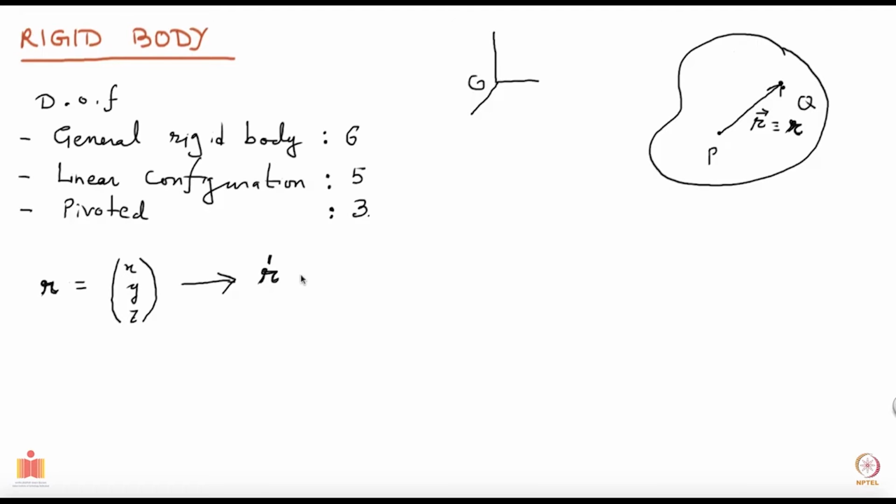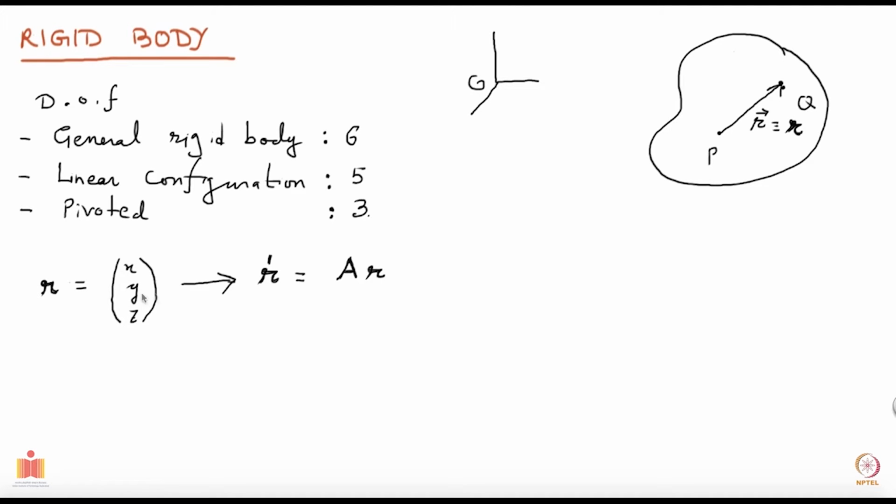And that R prime will be related to your original column vector R, and there will be a matrix which will be multiplying that. Matrix multiplication is a linear operation, and that is why you have it here. So this is how your R is going to transform.